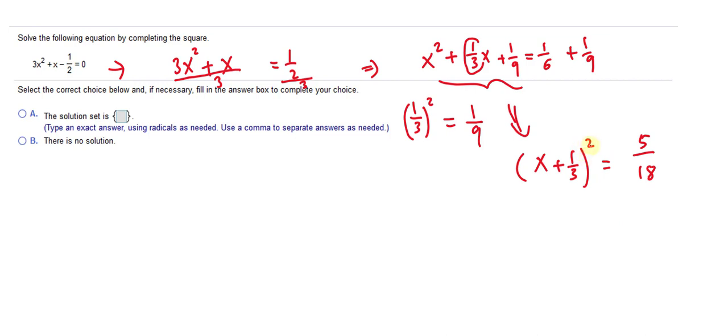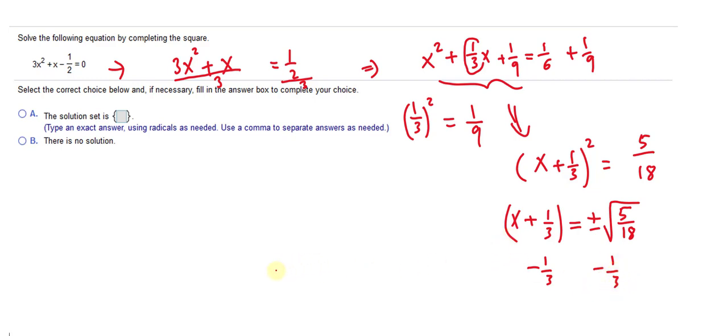And then you want to solve for x. This is the second power, so you can solve for x by taking the plus or minus square root of 5 over 18. And then to solve for x, you just have to subtract 1 over 3 on both sides.